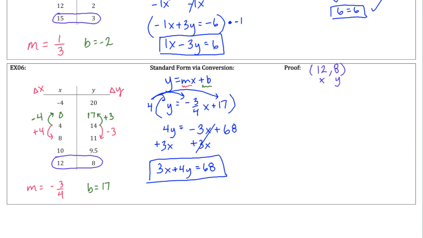And let's substitute. Well, let's write this first. 3x plus 4y equals 68. And the x is 12. And the y is 8.